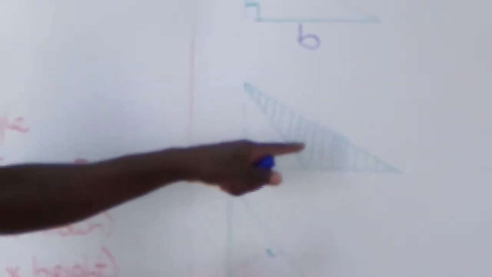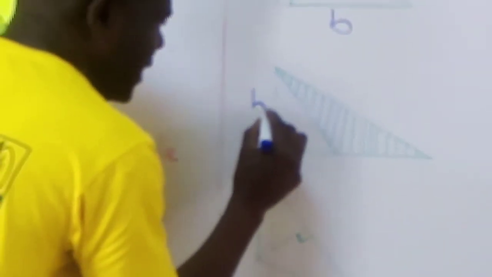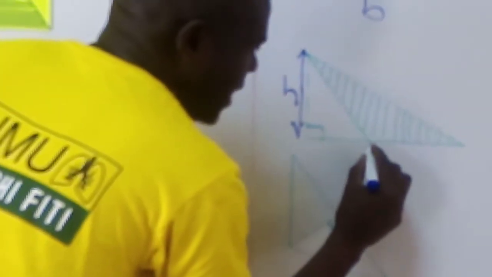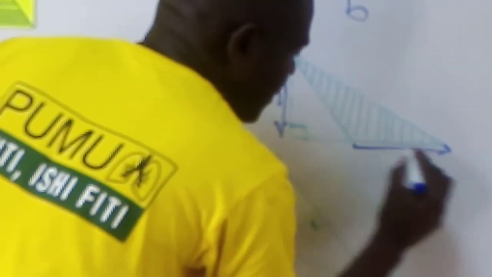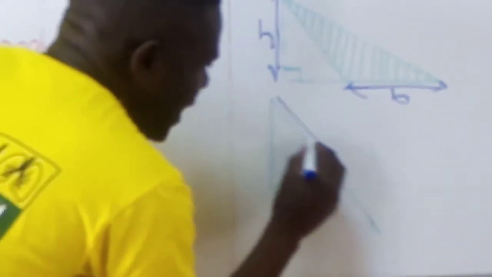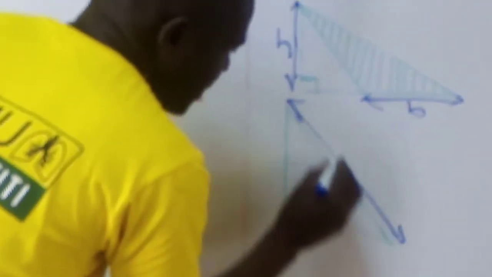In this triangle, the shaded part, the height would be from here up to here, but the base would start there. That would be the base of the shaded part. Now, for this, the height is here and the base is there.